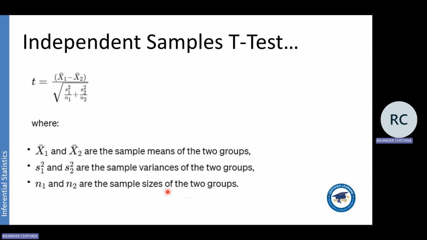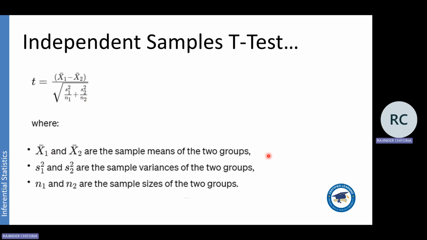So the formula is likewise. When we say independent t-test, we take the difference between the mean of plant 1 (or A) and the mean of plant 2, which is plant B. Then the standard deviation of plant A and of plant B are each squared and divided by their respective sample numbers.